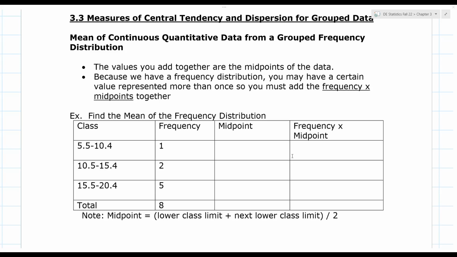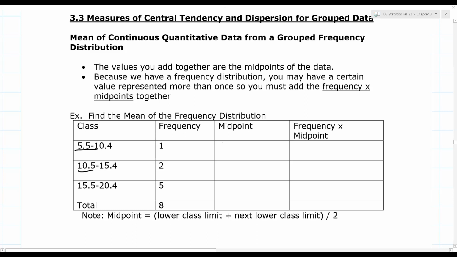So going back to what we did in 3.2, how do we talk about the mean? Well, in order to find the midpoint, we have to find the average of consecutive lower limits.